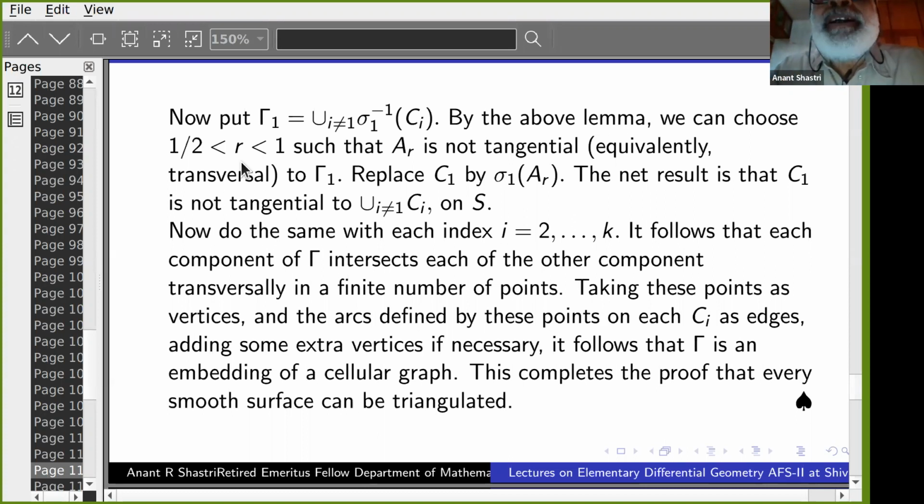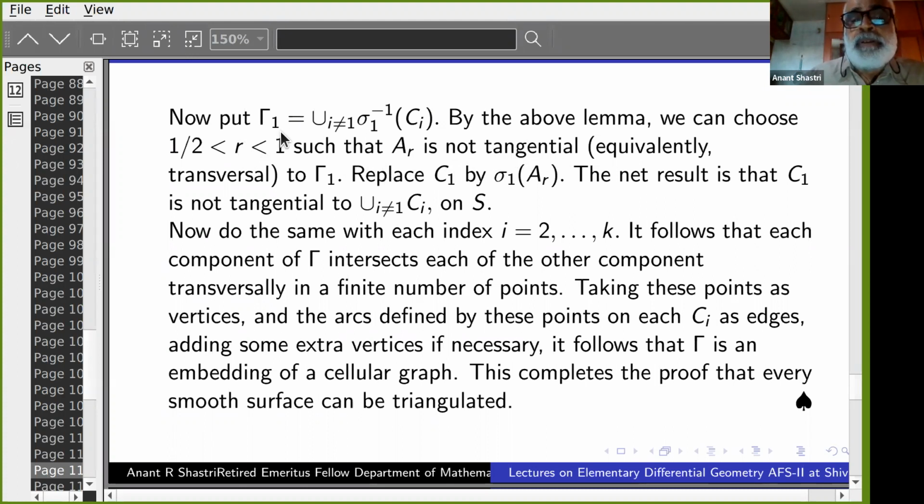That will not be a problem. But when I choose R slightly bigger, how do I choose this R? This R will be chosen so that this is not a critical value. That is possible by Sard's theorem. The moment it is not a critical value, the corresponding circle is not tangential to this gamma 1 at all.